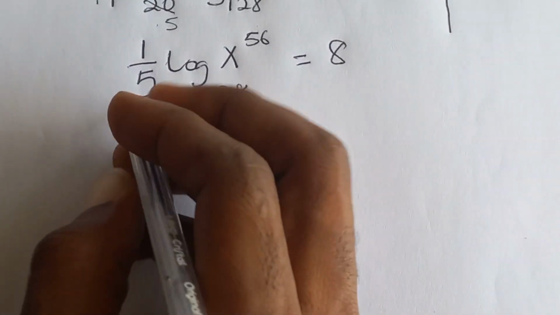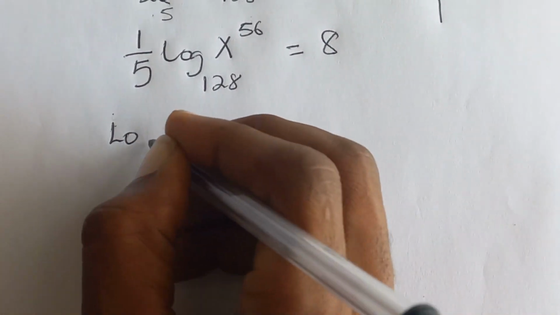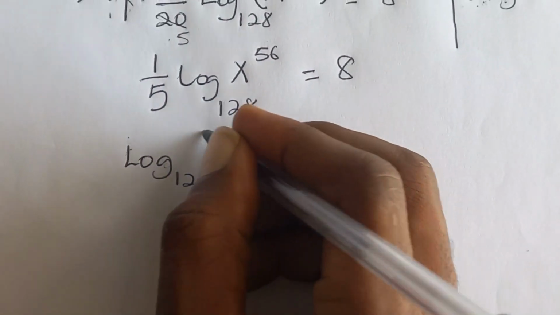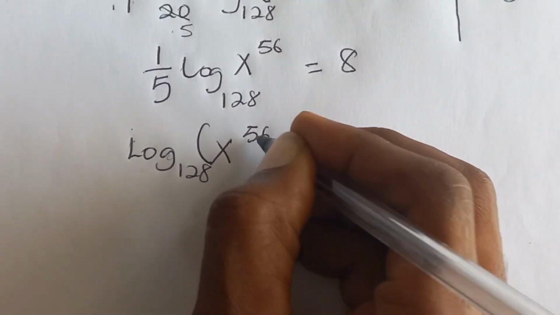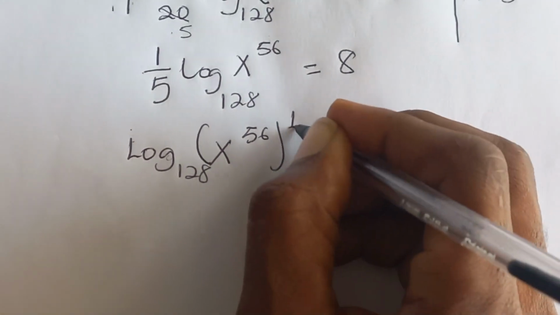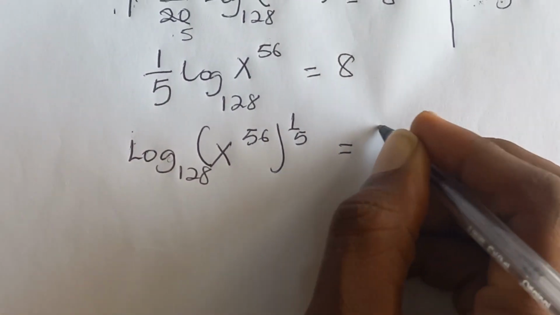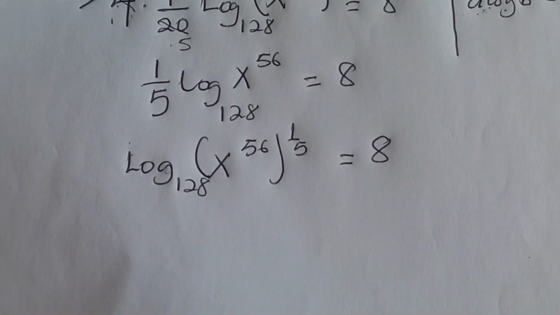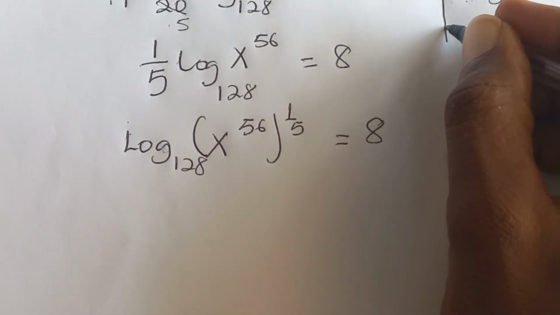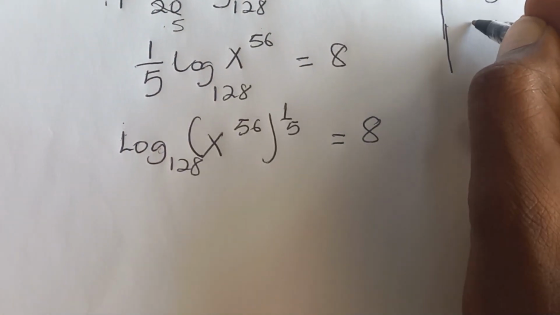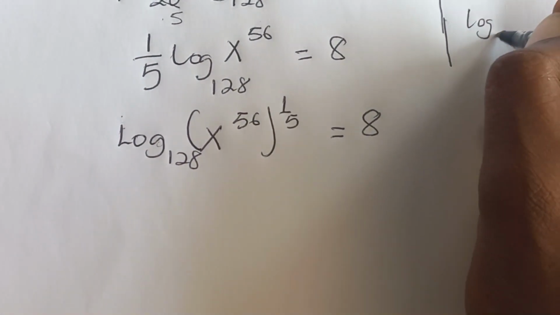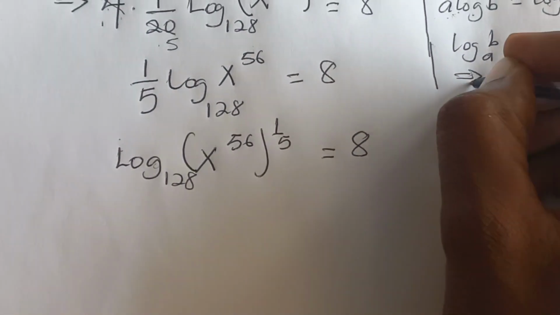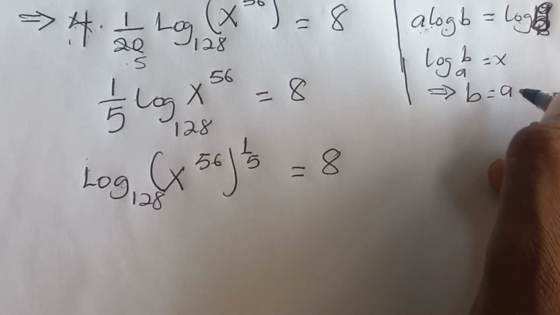So our equation now becomes log base 128 of x exponent 56 to the exponent 1 on 5, which is equal to 8. Now we are going to apply this algebra rule: log base a of b is equal to x, and this is the same as b is equal to a exponent x.